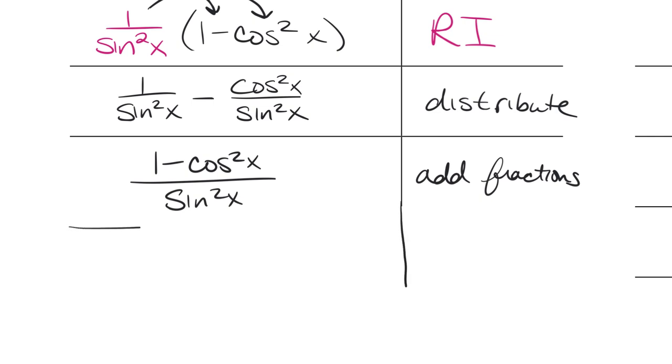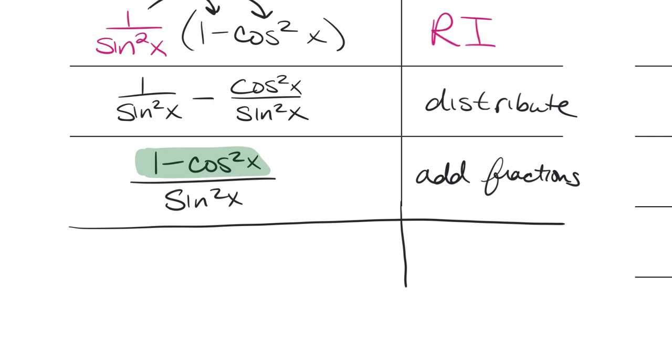Do you recognize that that numerator is some stuff squared with a 1? Look at your formula chart. It's the Pythagorean identity, and 1 minus cosine squared of theta is equal to sine squared of theta.